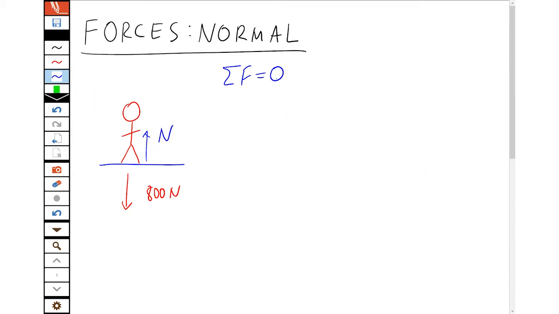This normal force, it's called normal because that's another word for perpendicular, or it's at 90 degrees to whatever surface I'm on. And this also leads to a nice keyword. If I look at the forces acting on me, I know the sum of all the forces acting on something is the mass times the acceleration.